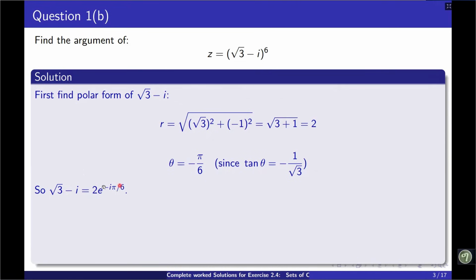So z is equal to (2 e to the power of minus i pi over 6) to the power of 6, which is r to the power of 6 times e to the power of minus i pi over 6 times 6, which is minus i pi. That is equal to 64 times e to the power of minus i pi.